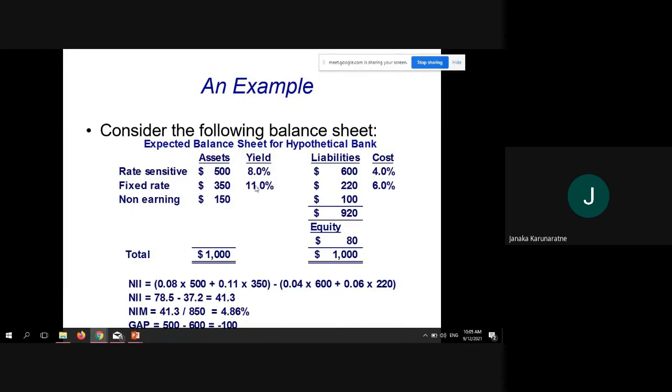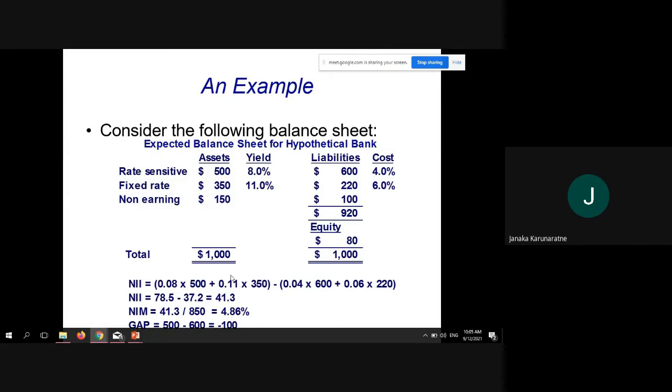The bank would get 11% from this 350. Non-earning, that means you don't get anything. On the liability side, you have to pay 4% on this 600 and 6% on this 220. Then there are other liabilities, you may not pay any interest. So basically, your net interest income for this bank is how much? 41.3 million or rupees or whatever.